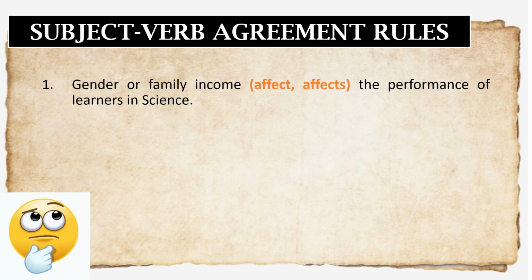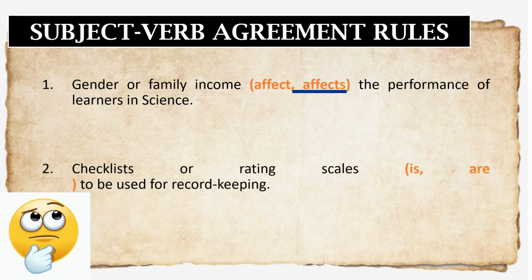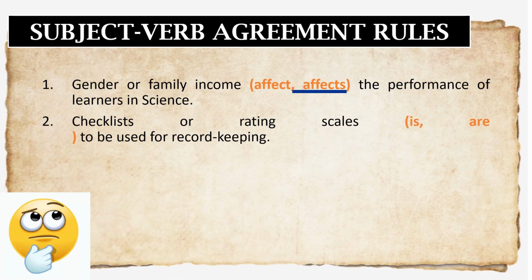Therefore, we need to have the singular verb affects. Second exercise, checklists or rating scales are to be used for record keeping. What are the subjects in the sentence? The subjects here are checklists and rating scales, and they are both plural. Therefore, we need to have the plural verb are.